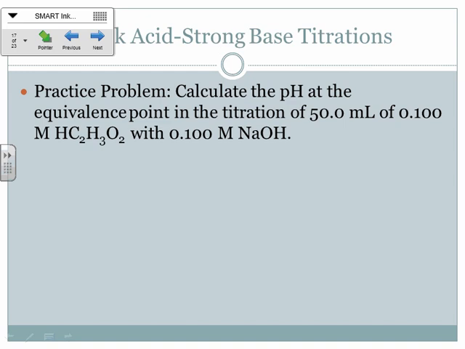Okay? Alright, calculate the pH at the equivalence point in the titration of 50 milliliters of 0.1. Why did I put that on there? That's the exact same thing we just did, isn't it? No, it's 0.100 molar NaOH.